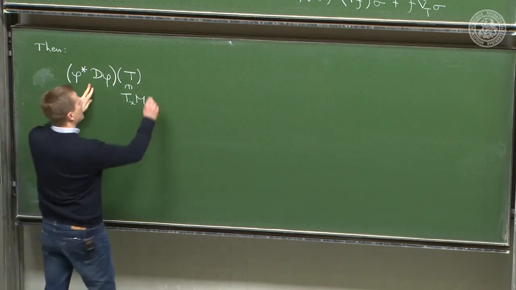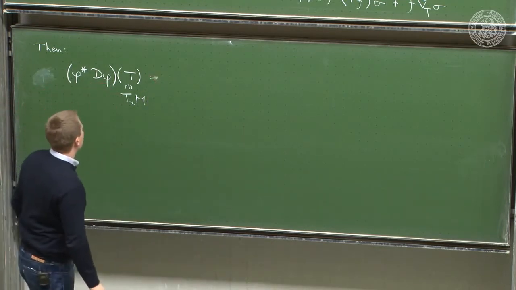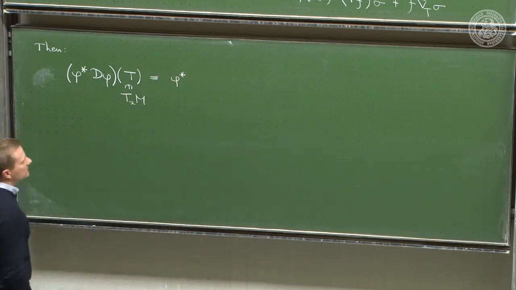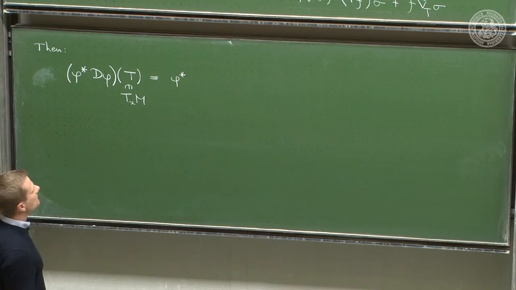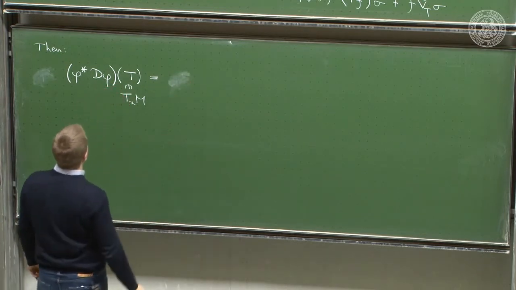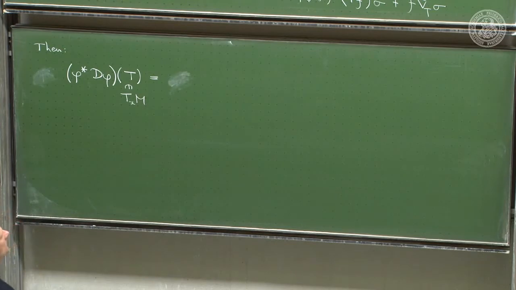What is this? Well, this is obviously the phi star. It's the pullback of the... hang on a second. Can I push it forward and then pull it back again? Okay, let me see whether we have to be a bit more careful here. No, that's fine.